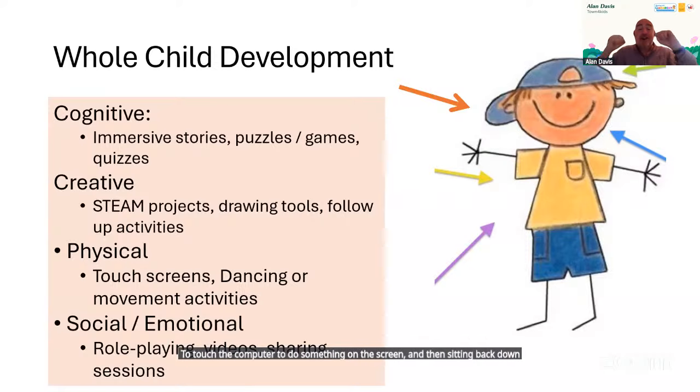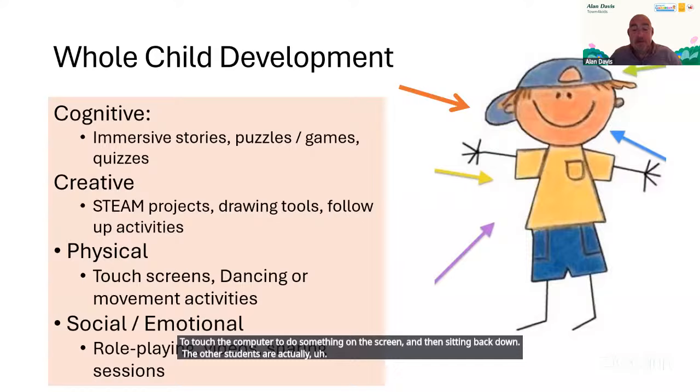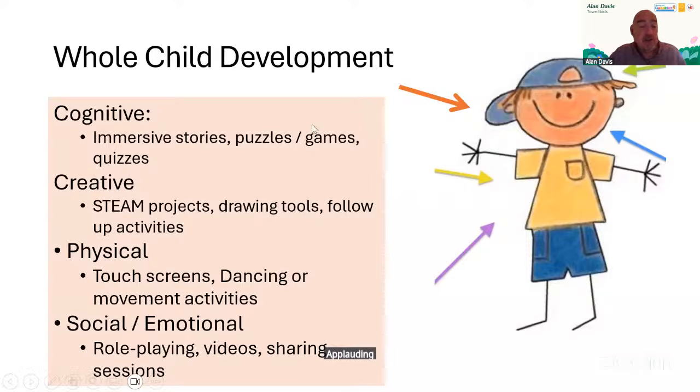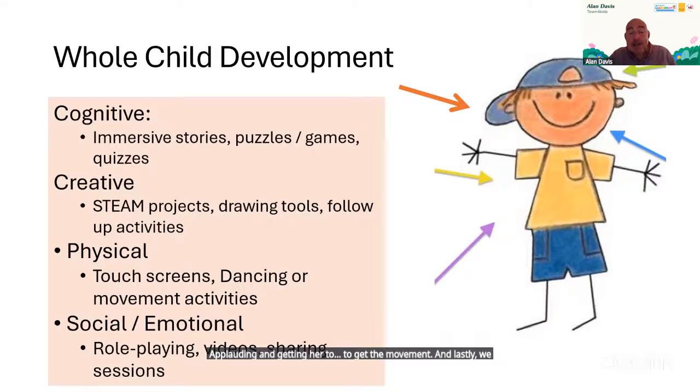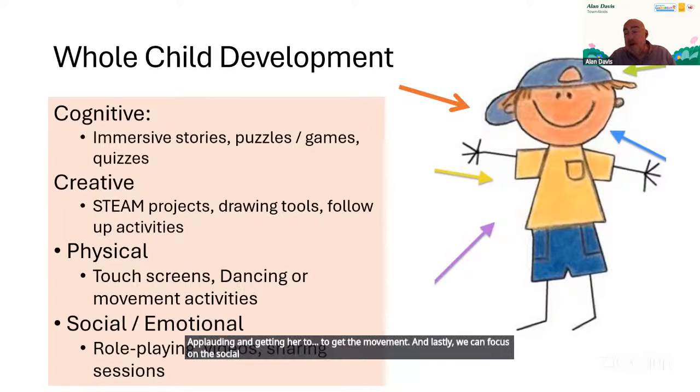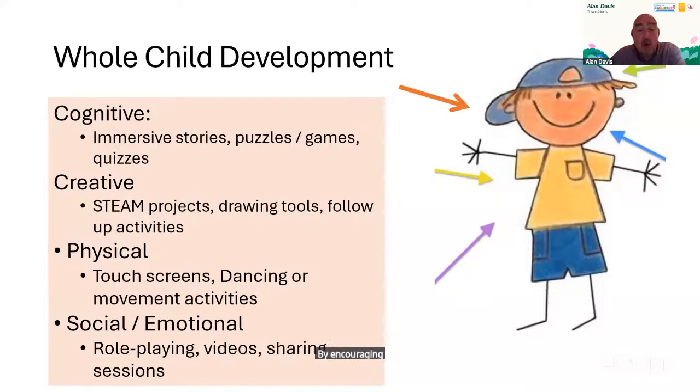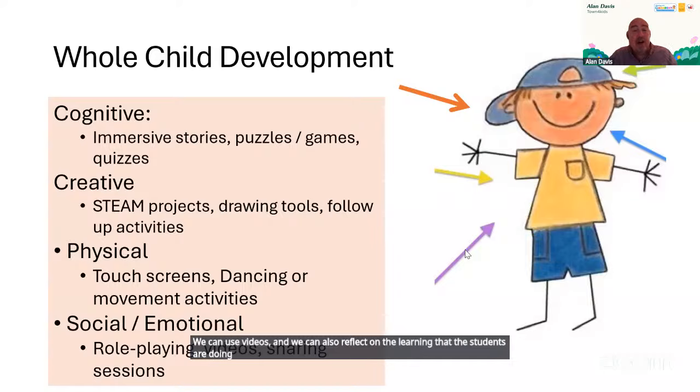The other students are actually applauding and getting her to get the movement. And lastly, we can focus on the social emotional by encouraging role-playing, in which students are acting out ways in which they can behave and interact with others. We can use videos and we can also reflect on the learning that the students are doing when they are online.